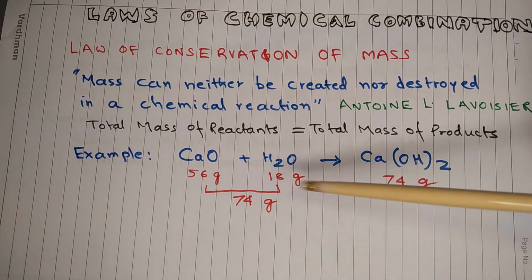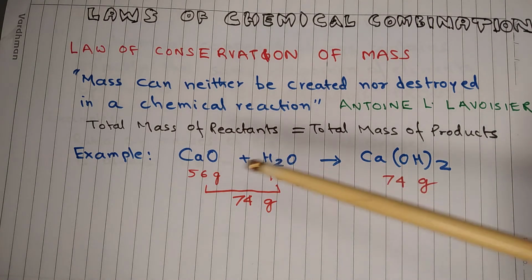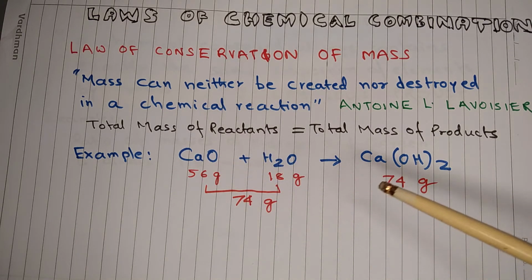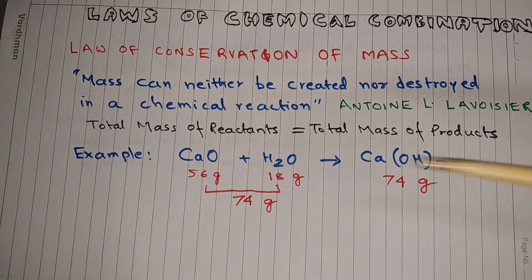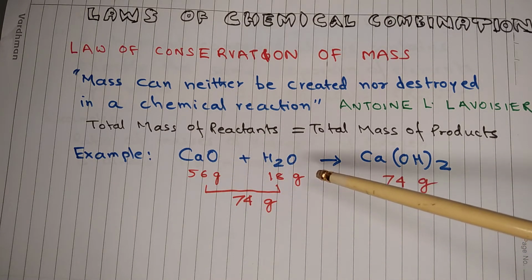Let us look at this example. This is a reaction between calcium oxide and water, which gives calcium hydroxide. So the equation is CaO plus H2O is equal to Ca(OH)2. The mass of calcium oxide in this reaction is 56 gram. For water it is 18 gram.